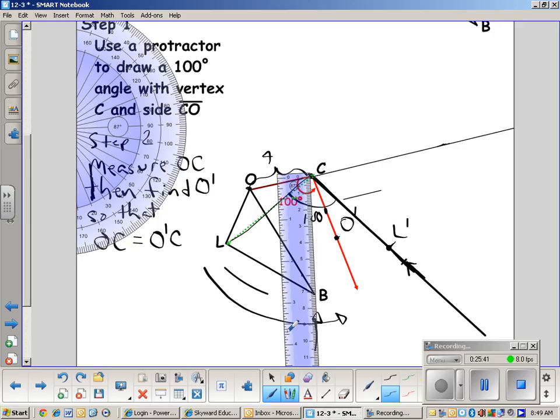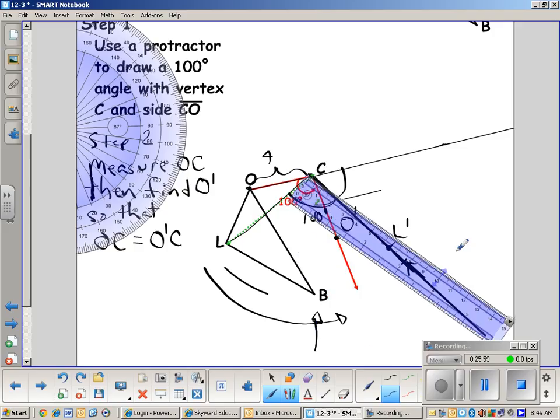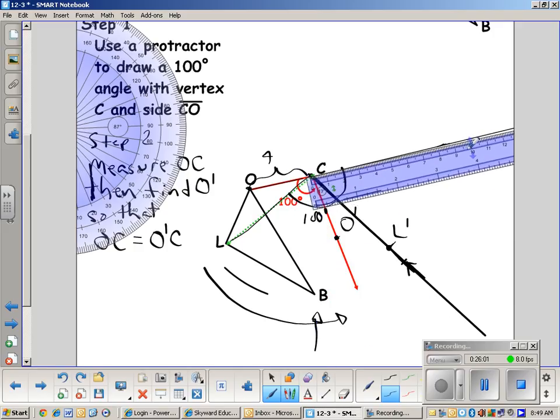So I went 100 degrees, so the angle again, B C B prime, that angle is going to be 100 degrees. And I just measured the distance from C to B. How far is that? 7.2. I'm going to rotate this over.